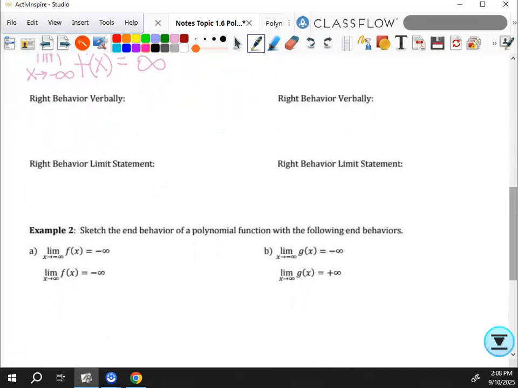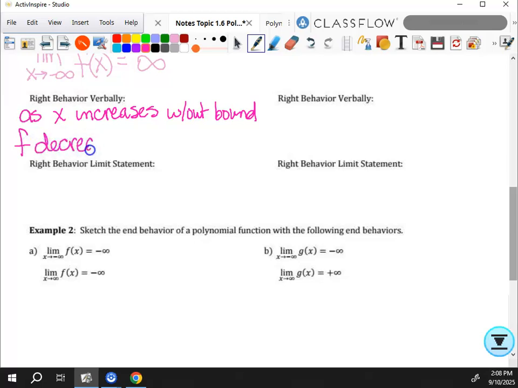In our right hand, so as we go to infinity, as x increases without bound, f is doing what? Decreasing. Good. So f decreases without bound. Any questions about that?